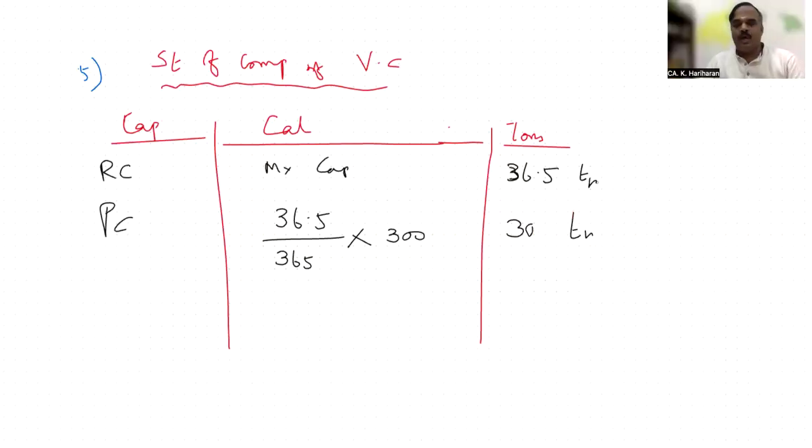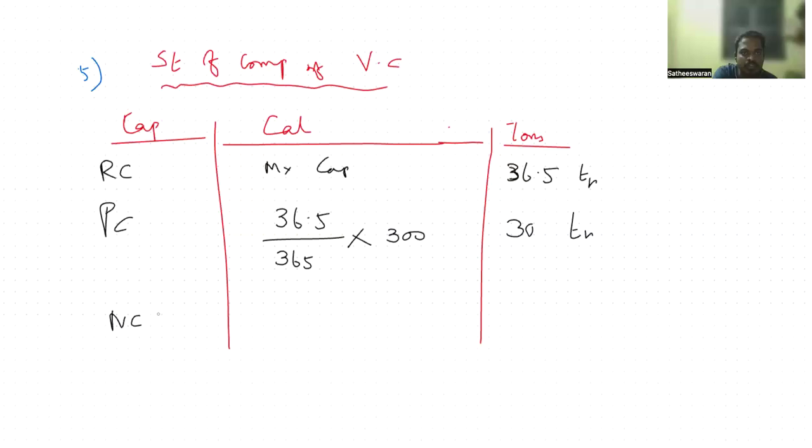Next one is normal capacity. Normally, how many units are they producing? Normal means based on the previous period. Sales are expected to be 25 tons during the year. So normal capacity is based on our experience or previous year experience, or normally how much we expect.